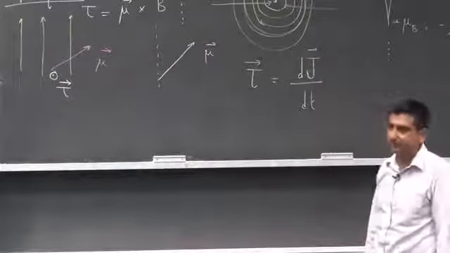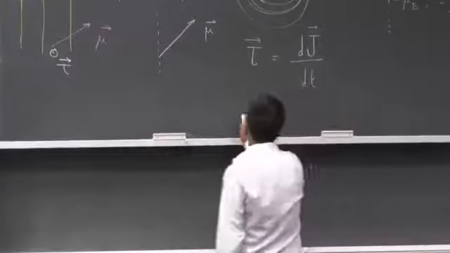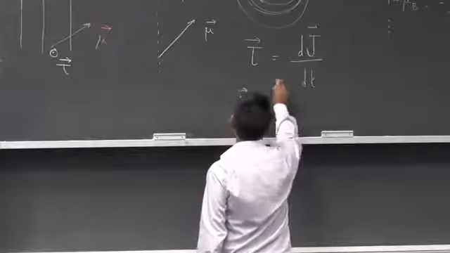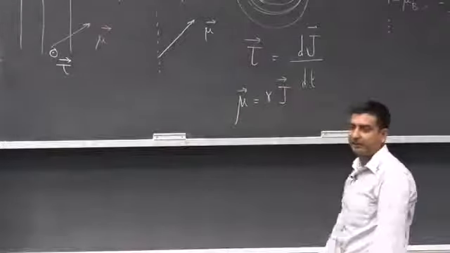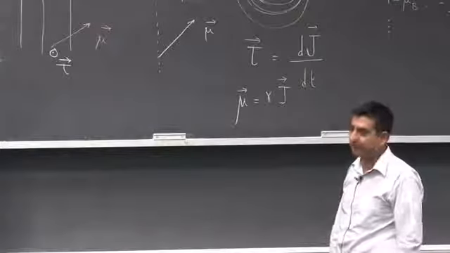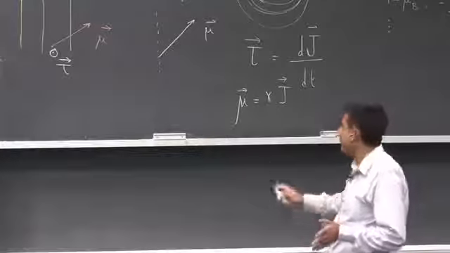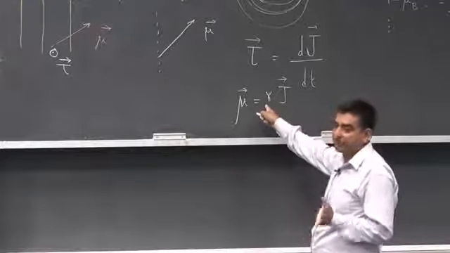We know this. But we also know that the magnetic moment is proportional to J, and the constant of proportionality is the gyromagnetic or the magnetogyric ratio. We learned about this in the first class. For an electron, this is e over 2m, and so on.